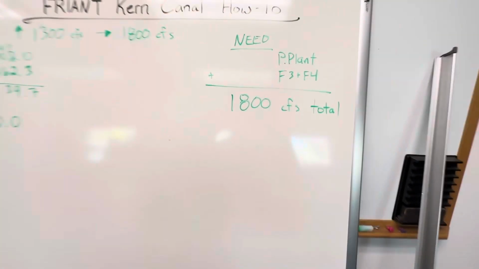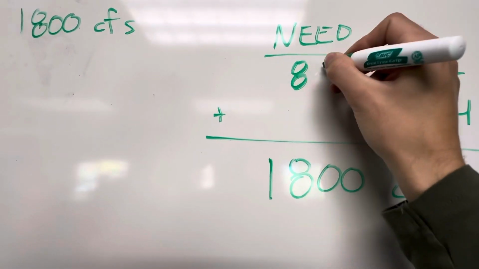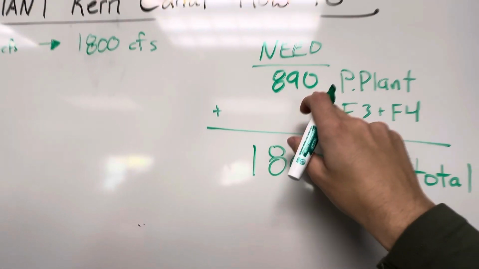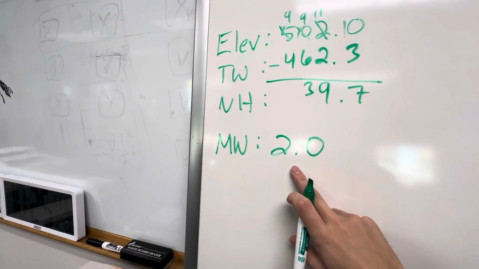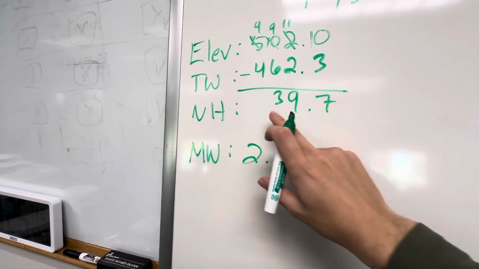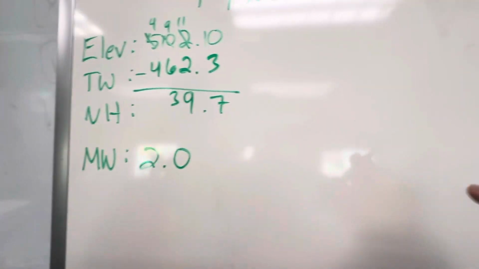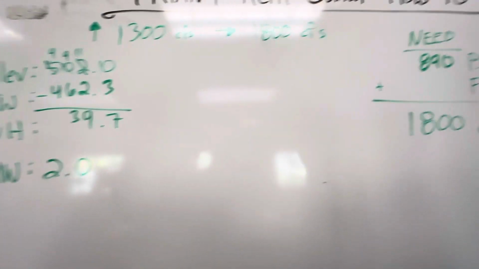That's how we get how much the power plant is producing. 890 CFS through the power plant, because at a megawatt setting of 2.0 and a net head pressure of 39.7 feet of net head spits out 890.